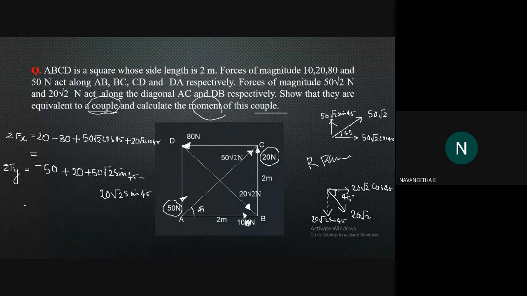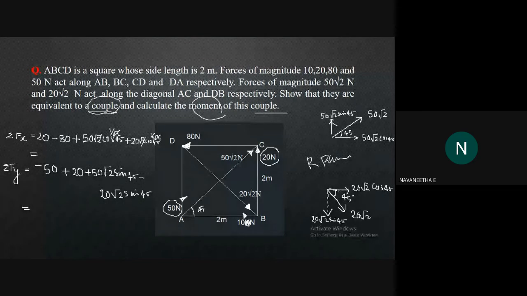What is the value of sigma fx? Zero. Look at this. Cos 45 is 1 by root 2, right? Then 1 by root 2 and root 2 will get cancelled. And here also cos 45 is 1 by root 2, then root 2 gets cancelled. Then the remaining is 20 and here 50.